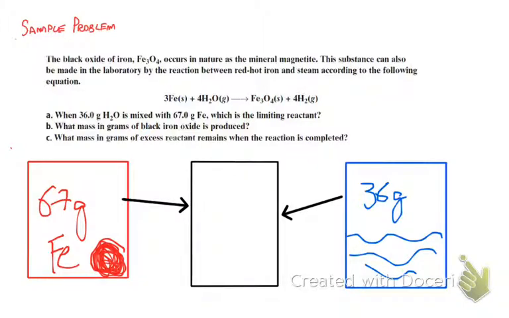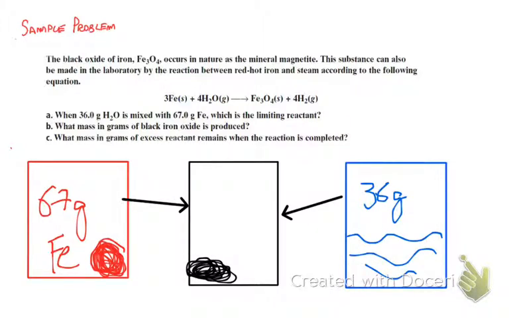And our job is to figure out exactly what happens here. Now, as we discussed in class, the limiting reactant is going to drive this. So essentially what's going to happen is when you mix these two together, you're going to produce this black oxide.